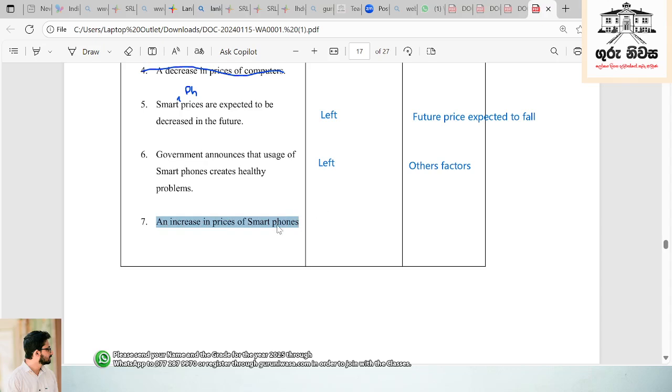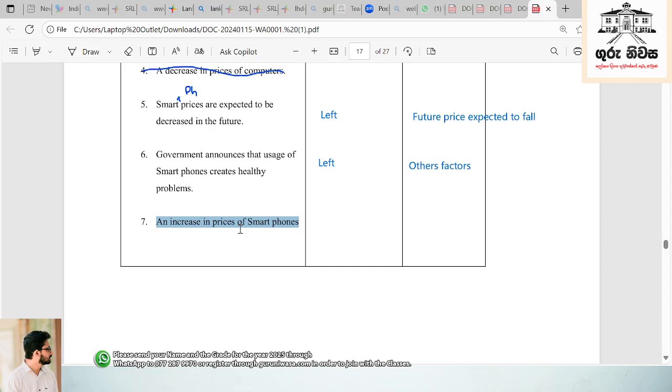If the smartphone price increases, quantity demanded of the smartphone will decrease, not demand. The point will move up along the demand curve. The seventh factor goes to the change in quantity demanded category, not the change in demand category.